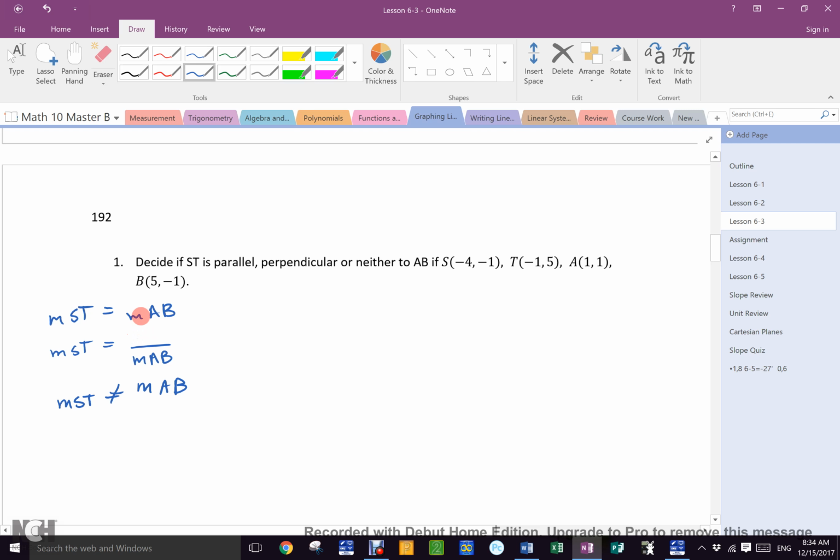So how am I going to do that? What knowledge do I have with those 4 points that will allow me to prove one of these things? What can I do when I have S and T and A and B?